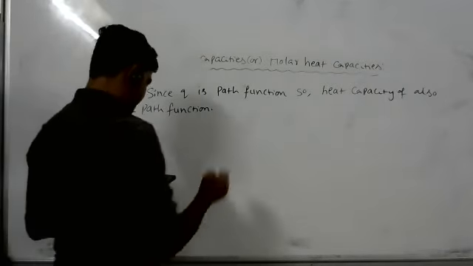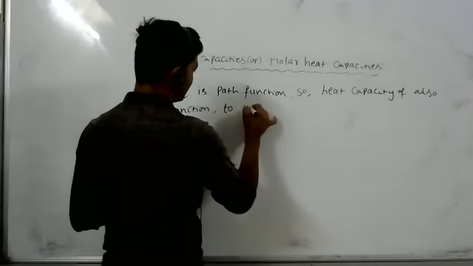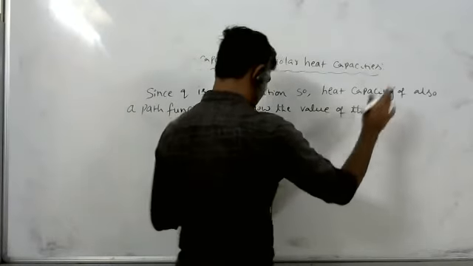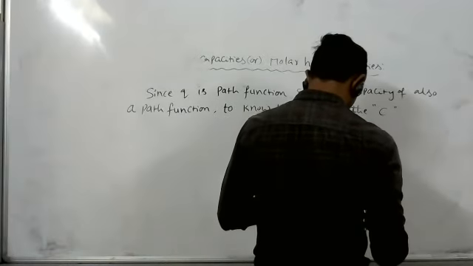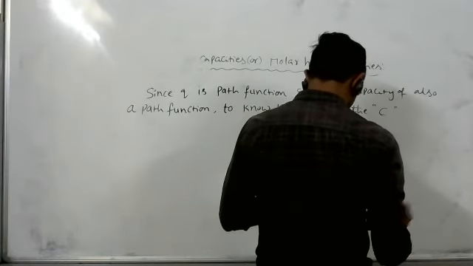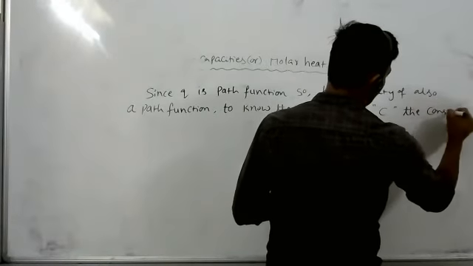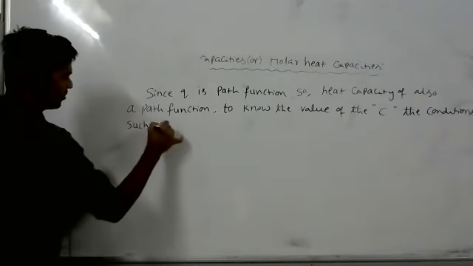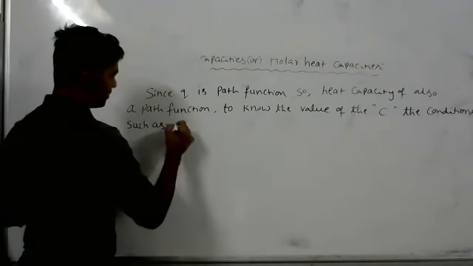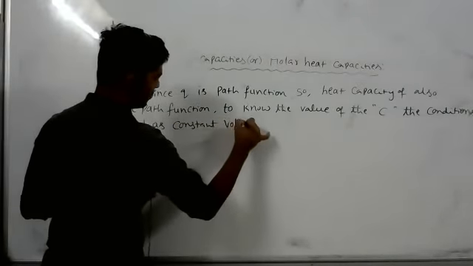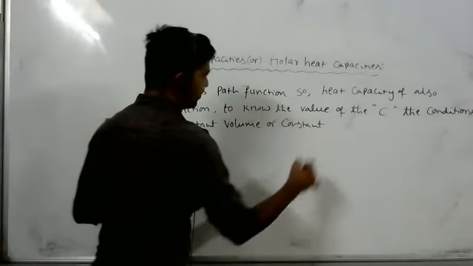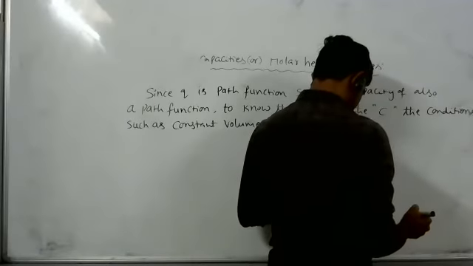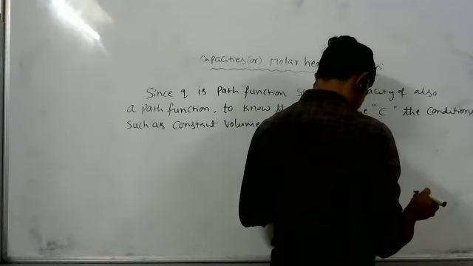To know the value of C, the conditions such as constant volume or constant pressure have to be specified to define the path.